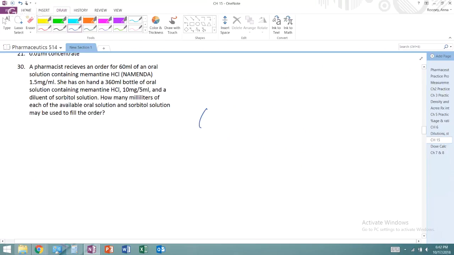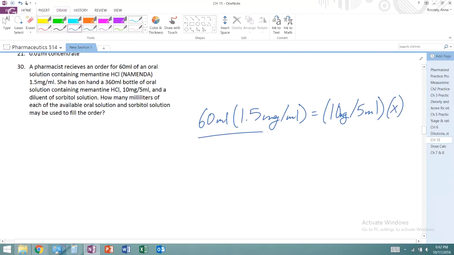So the order calls for 60 mLs, and we want it at this concentration. And so we have that concentration, which is essentially 2 milligrams per milliliter, but I don't care because the ratios will work out later. And then divide by essentially 2 because that becomes 2.